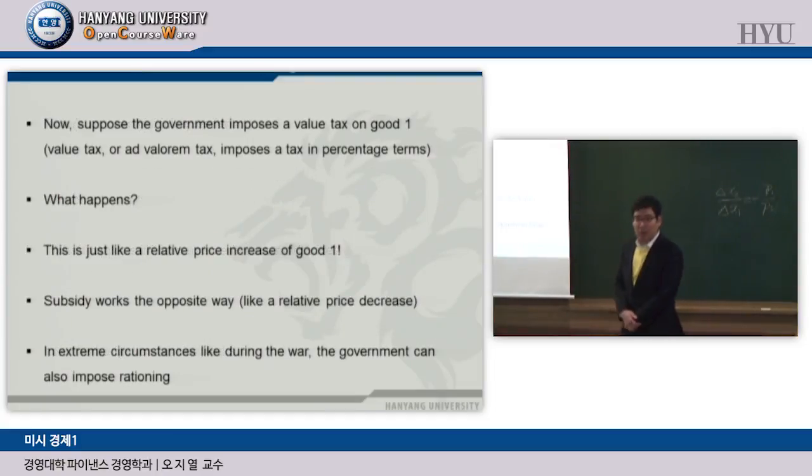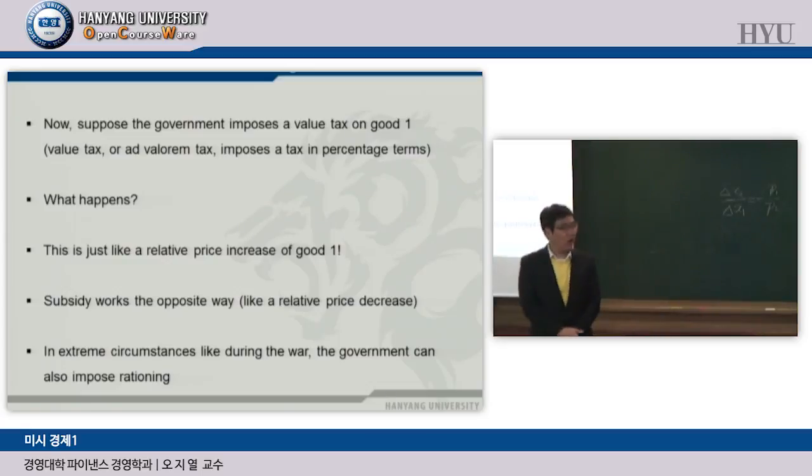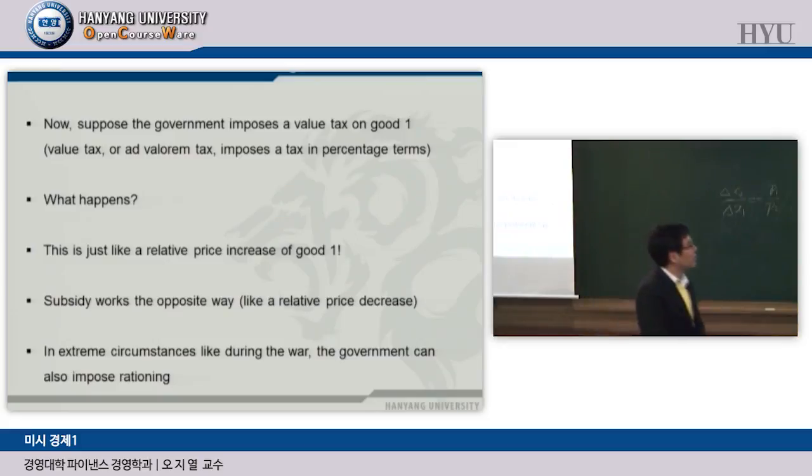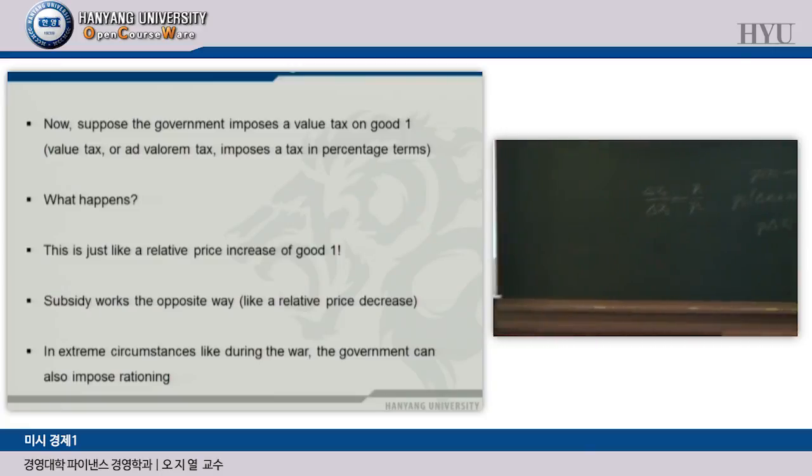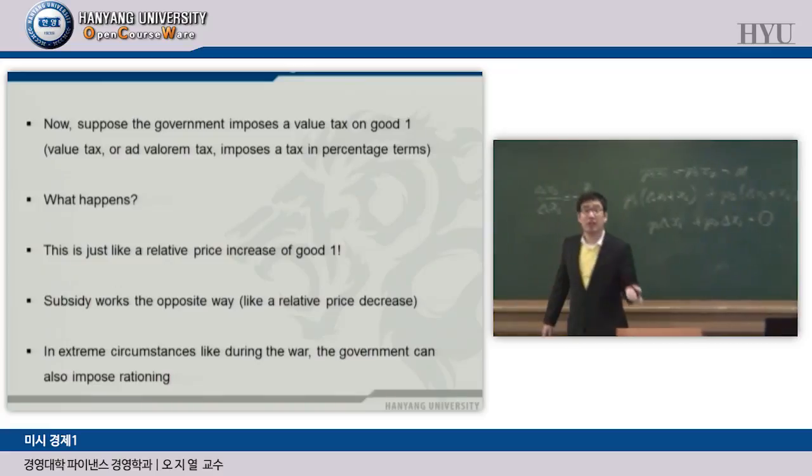So, from that, we can talk about a lot of different things. Okay? Suppose taxes, for example. Suppose that the government imposes a value tax on beer. Beer is bad. We're going to impose more tax. Generally, this value tax is called an ad valorem tax, meaning "according to value" in Latin, which is basically a tax expressed in percentage terms.